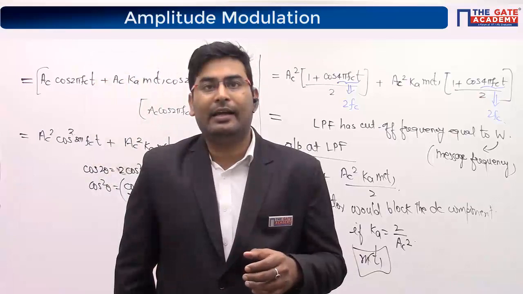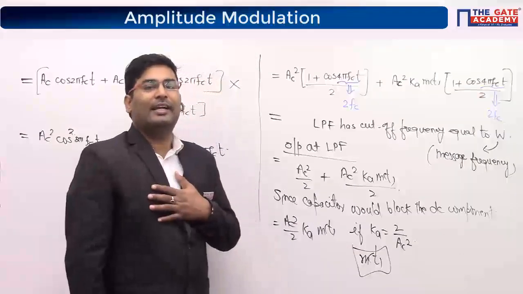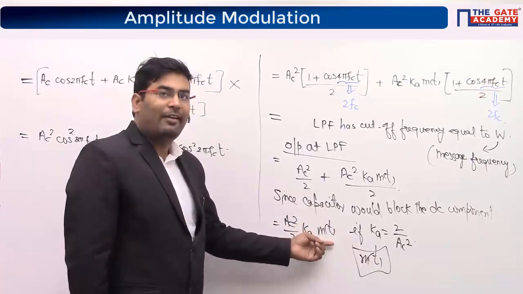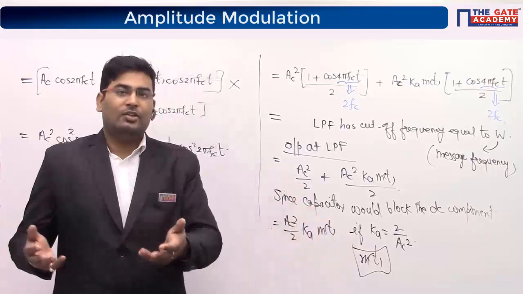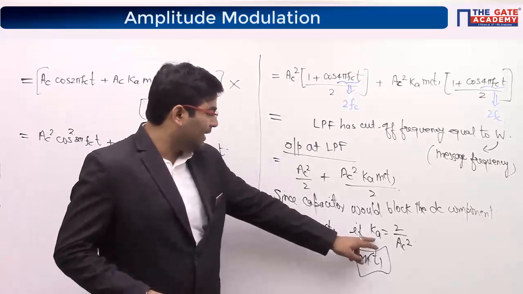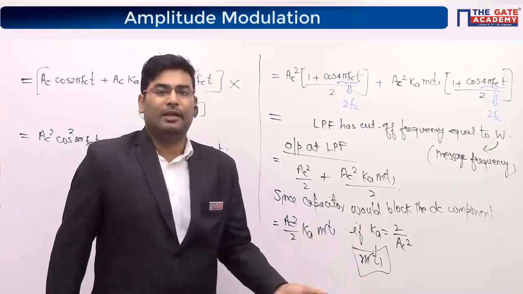How is K equal to 2 by Ac square? See, it is my choice. I did it because we wanted m(t), but it is getting multiplied by some constant Ac square by 2 K. So we can put K some value. We can say okay, let's take K equal to 2 by Ac square. Or suppose the m(t) you are getting is twice m(t), but you wanted m(t).